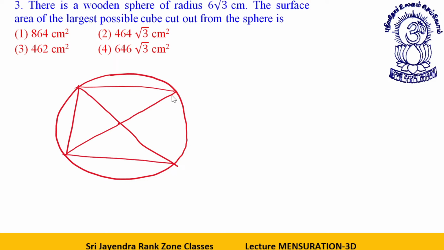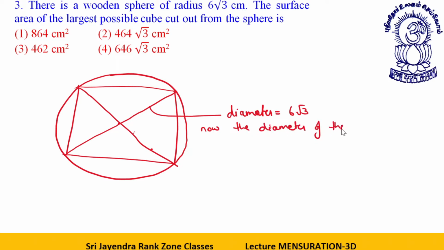So what will happen? The greatest cube which can be inscribed in this. First of all, this diameter will be what? This diameter is equal to 6 root 3. Now the diameter of, if I need to fit the largest possible cube in this, then what will happen?